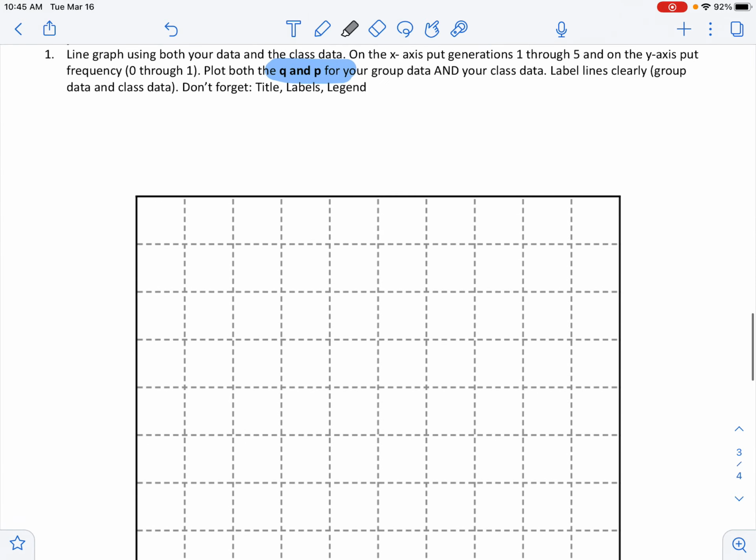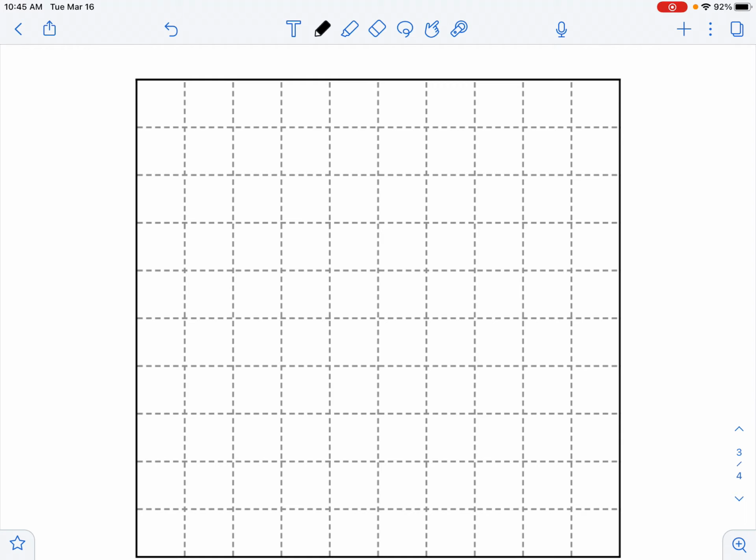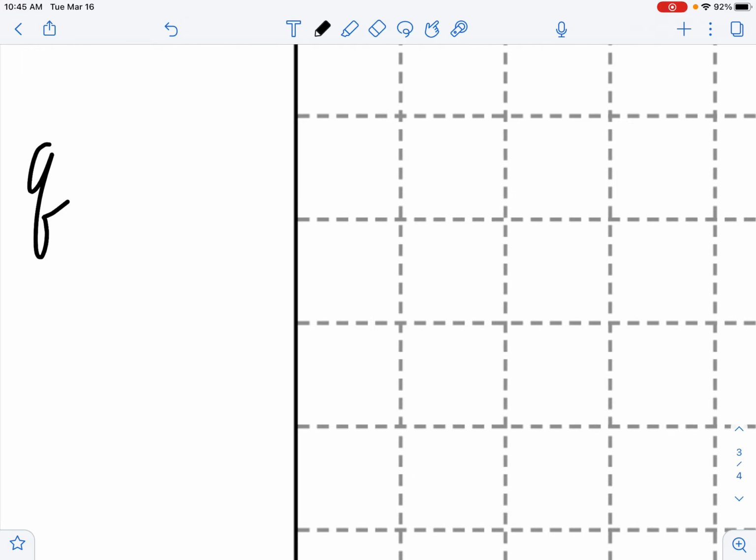So plot both the Q and P values. Those are the dependent or responding variables.